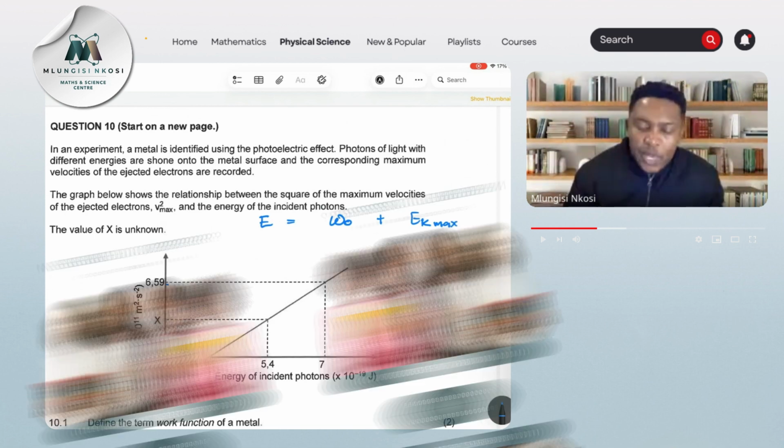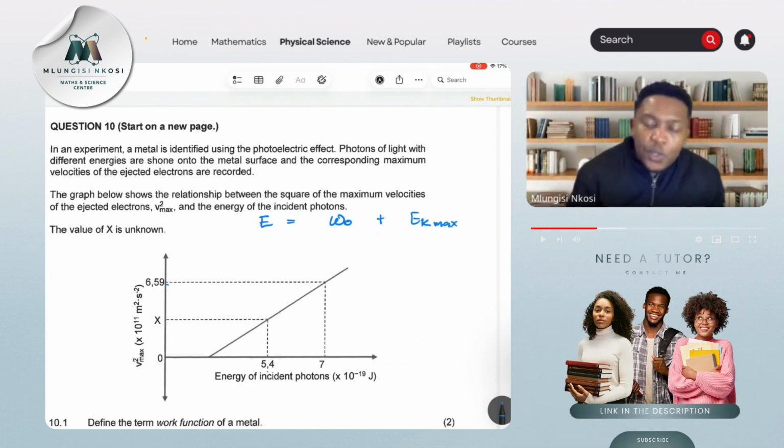We know that when the energy of the photon was 5.4 times 10 to the power minus 19, our work function is 4 times 10 minus 19.